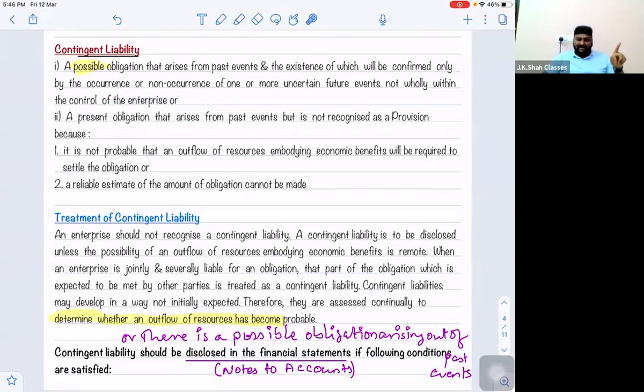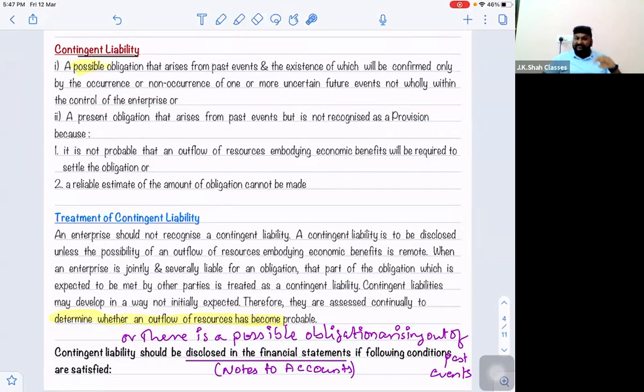So see, what is that written? A present obligation that arises from past event, but it is not recognized as a provision because, point number 1, it is not probable that an outflow of resources embodying economic benefits will be required to settle the obligation, or a reliable estimate of the amount of obligation cannot be made.